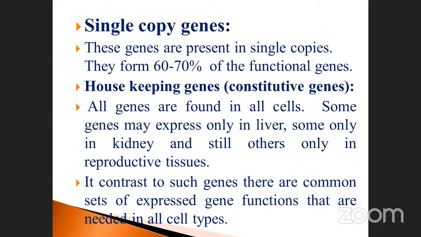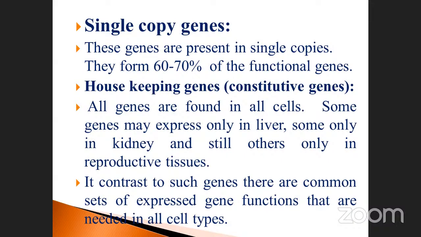Next one is housekeeping genes, otherwise called constitutive genes. Housekeeping genes are found in all cells. Some genes may express only in liver, some only in kidney, and still others only in the reproductive tissues.